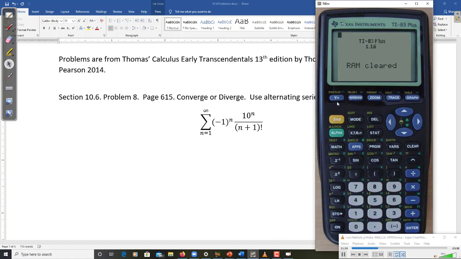we can try it this way, is just to plot it. So if you do 10 to the n, and then divide by x plus 1, and we will call it factorial. We'll see if it can handle this.